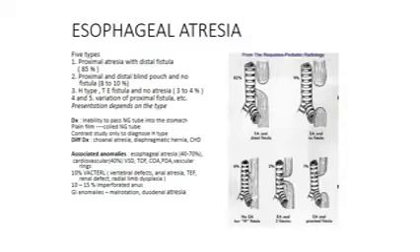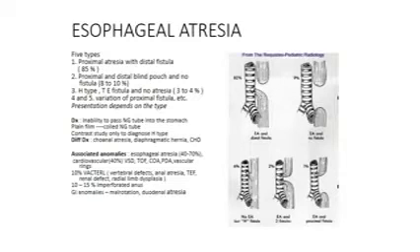There are 5 types of this congenital anomaly. The most common one, which forms more than 80% of the conditions, is in the shape of proximal atresia of the esophagus with a distal fistula connecting the lower part of the esophagus to the trachea.